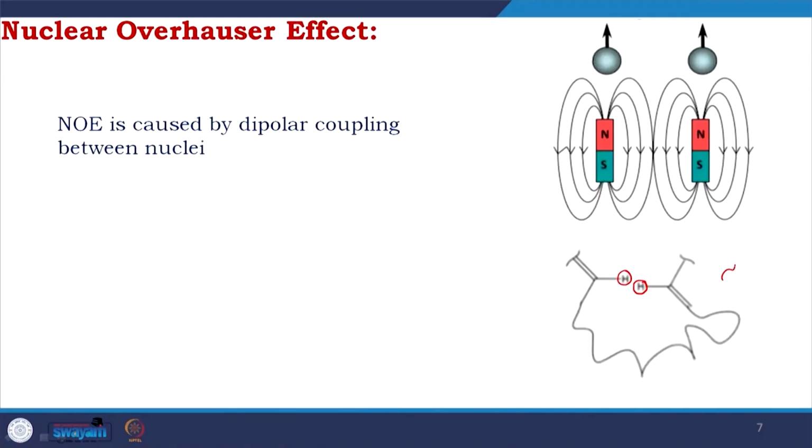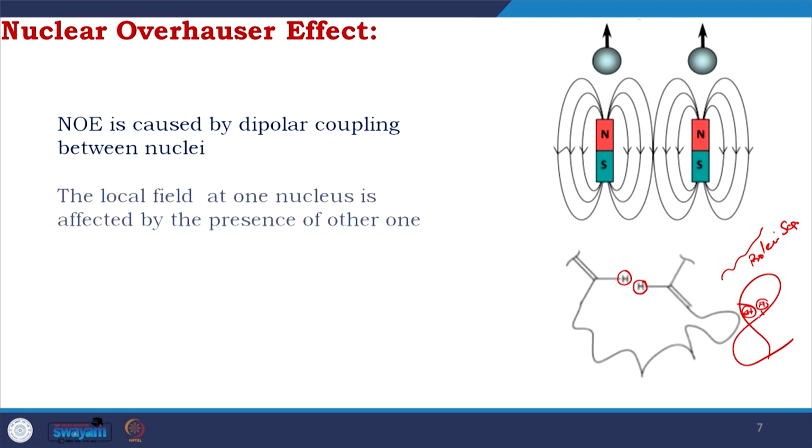What am I talking about? Suppose you have a protein, this is a protein sequence. But when you want to understand the protein structure, you want to understand the fold. So, by seeing this hydrogen and this hydrogen coming closer, you will get an idea about which residues are closer. So, that is what NOE does.